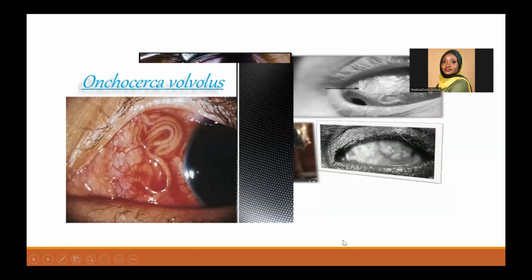So you have to think of both loiasis and onchocerca. It's very important to distinguish between the two, because the treatment is slightly different.